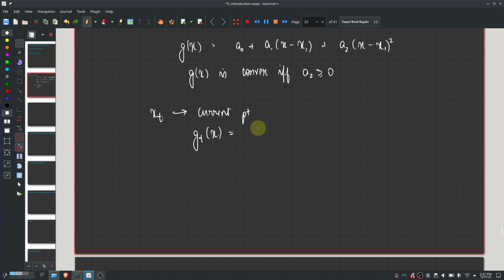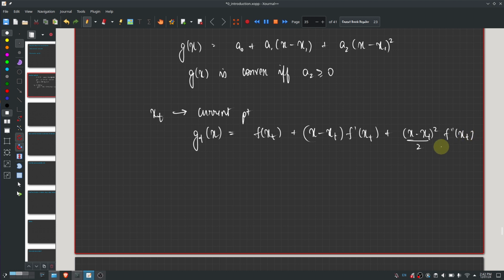So this would be f of xt plus (x minus xt) times the first derivative of f evaluated at xt plus (x minus xt) the whole square by 2 times the second derivative of f evaluated at xt.